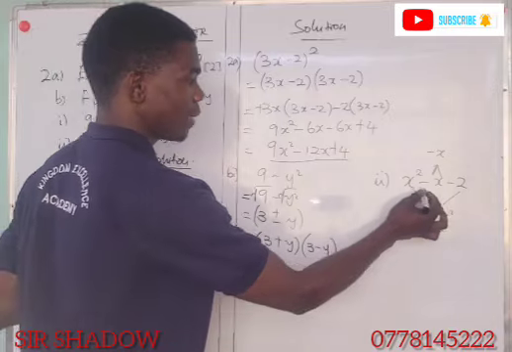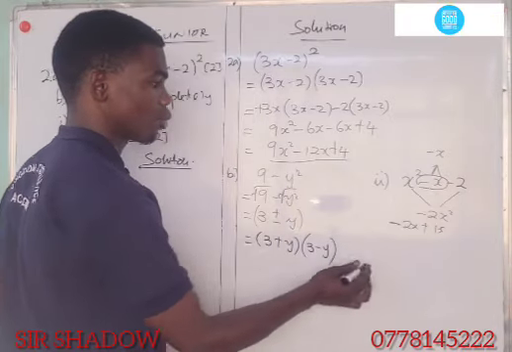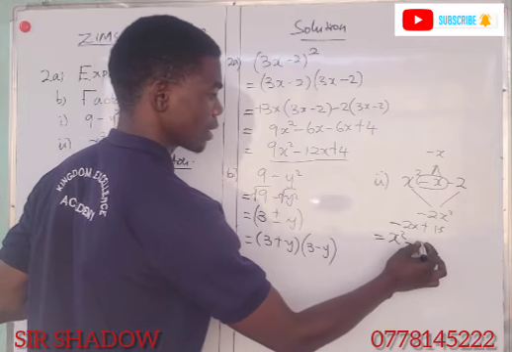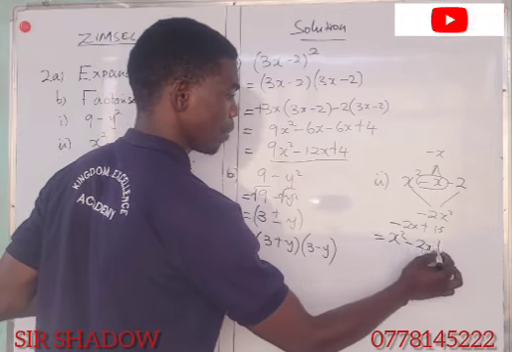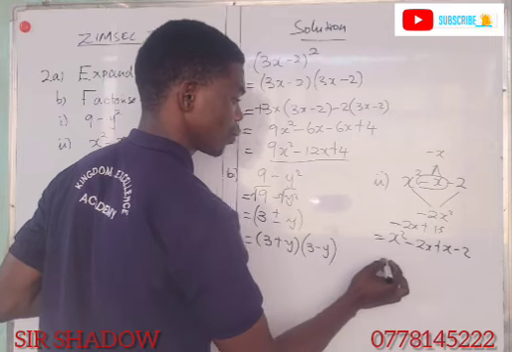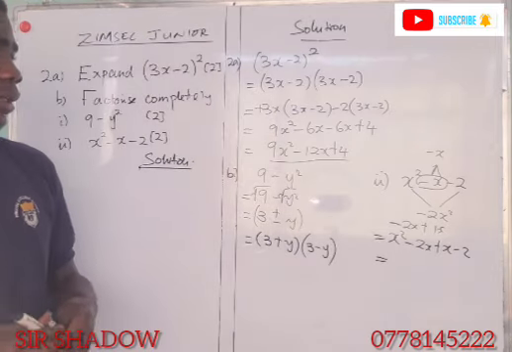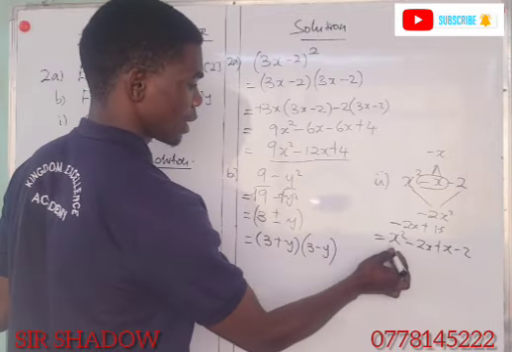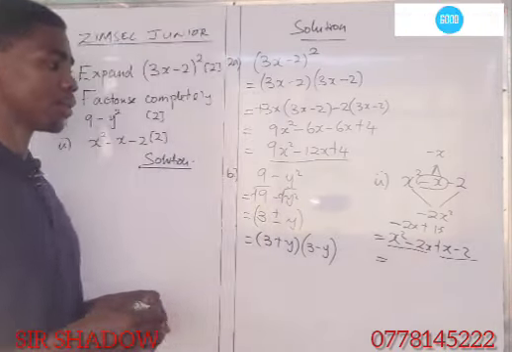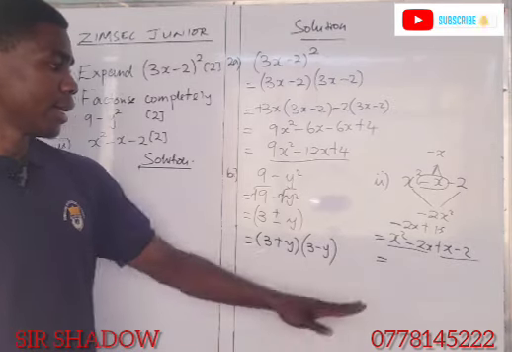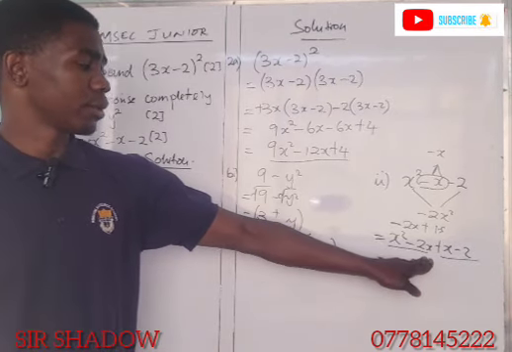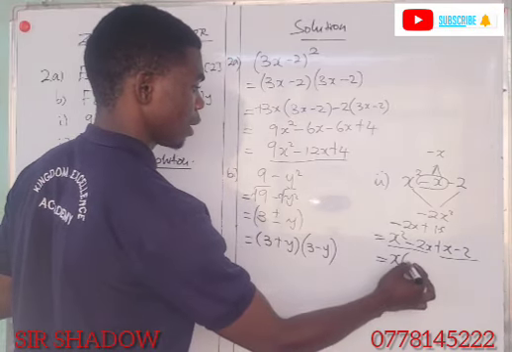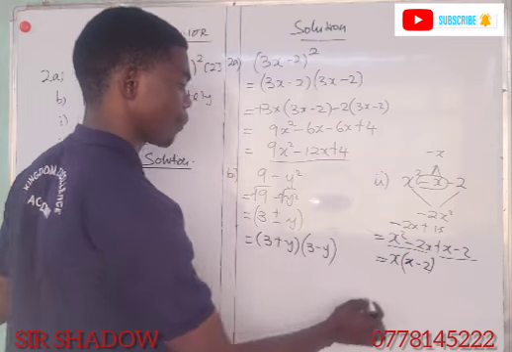Then let's now eliminate the product of vector and substitute it with those two factors. So this is equal to x squared minus 2x plus x minus 2. Now we want to factorize from there. Let's group these terms in pairs. What is common in the first expression? x is common, so we remain with x minus 2.